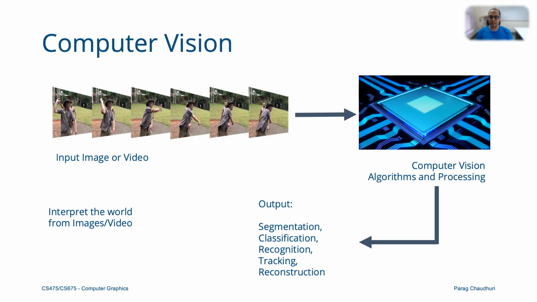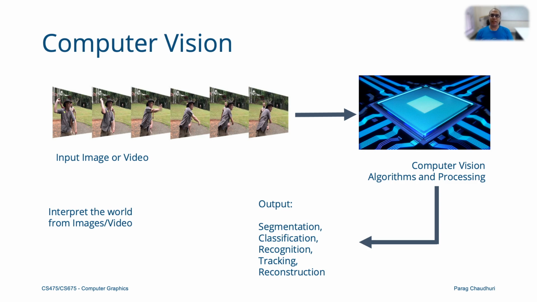So computer vision in a sense takes images and videos as input and interprets the world from those images and videos. In this sense, it is solving exactly the problem in the other direction that computer graphics is doing. So graphics and vision are sister disciplines which solve complementary problems.